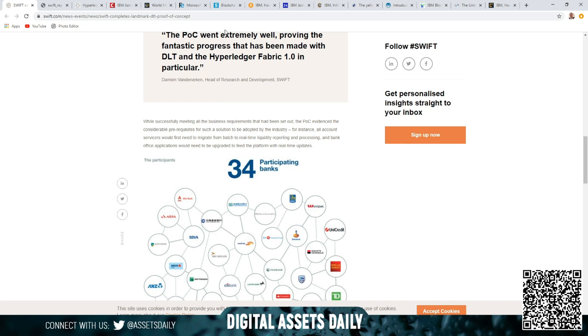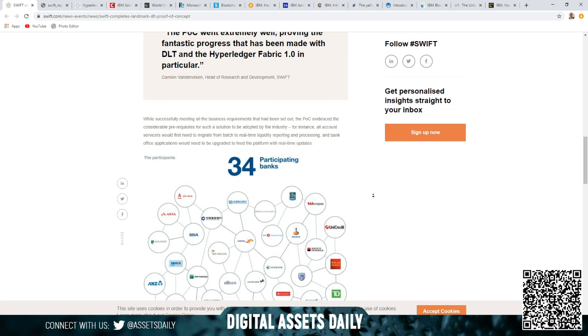The POC went extremely well, showing the fantastic progress that has been made with DLT and the Hyperledger Fabric 1.0 in particular. A direct statement from Damien van der Weken, the head of research and development at Swift.